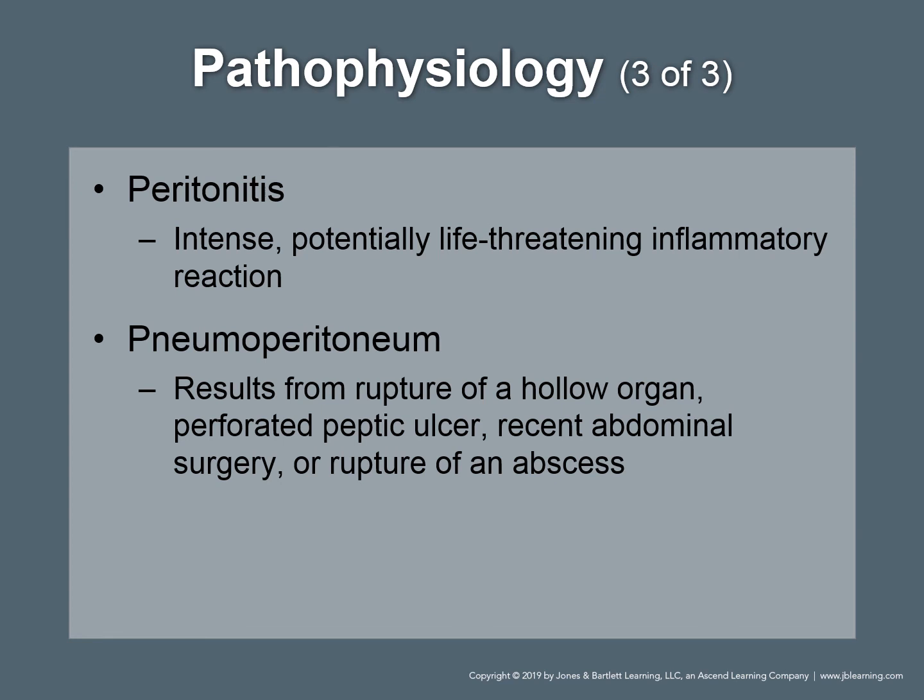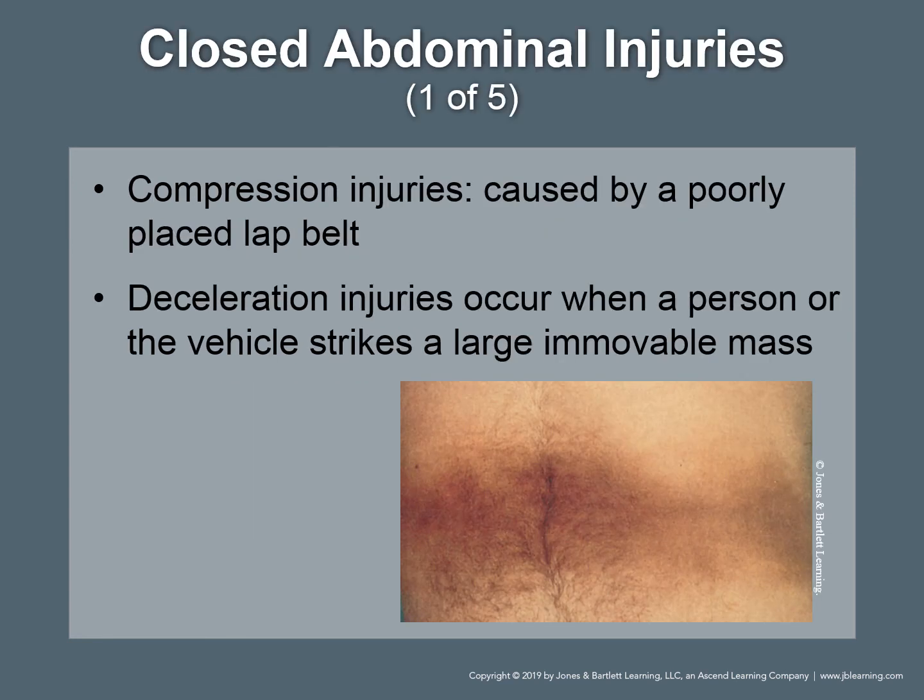And what happens is if those gastric juices spill out, you will have an intense inflammation of the linings of your abdominal cavity, and that will cause severe pain. Pneumoperitoneum is where you get a hollow organ that ruptures, and you get some air in the peritoneum. And we see this with abdominal surgery, rupture of abscesses, rupture of hollow organs. You get that air in the peritoneum, and that'll cause the patient problems.